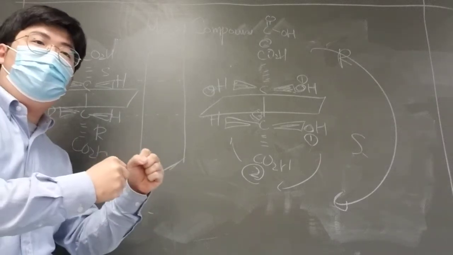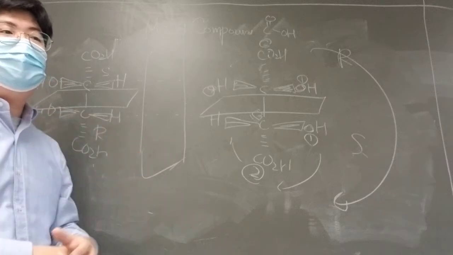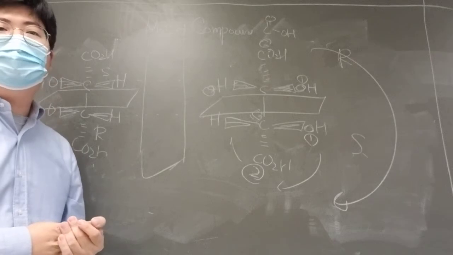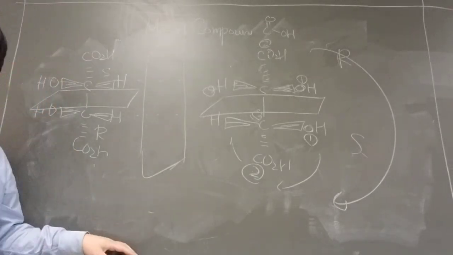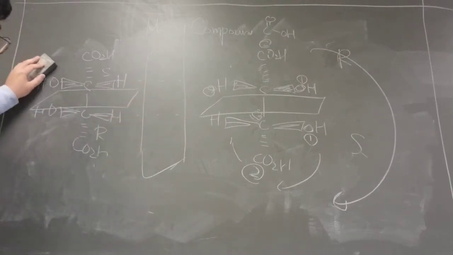That means they still have the chirality centers, but they're not chiral compounds because they're symmetrical on a certain plane. Okay? Kind of makes sense, right? Because they are pretty much the same. They're really the same. Okay?